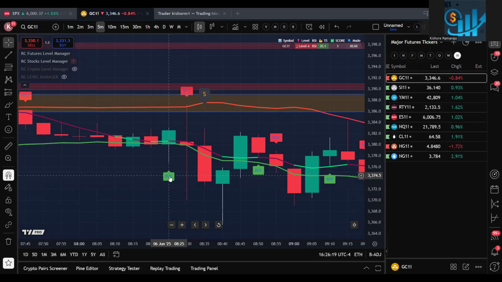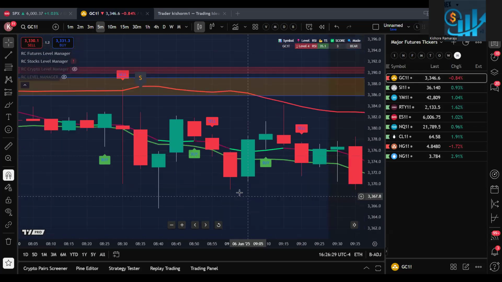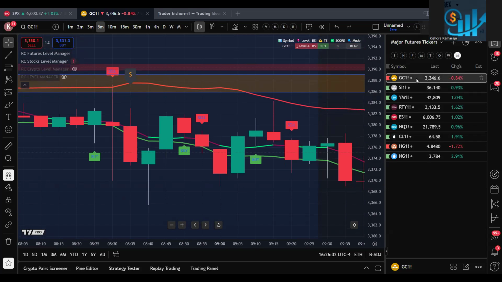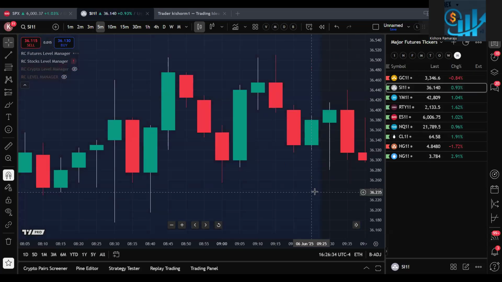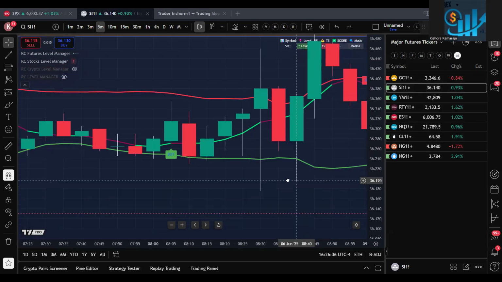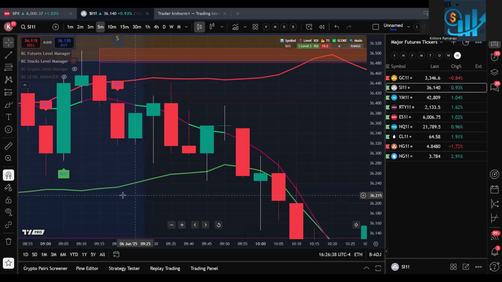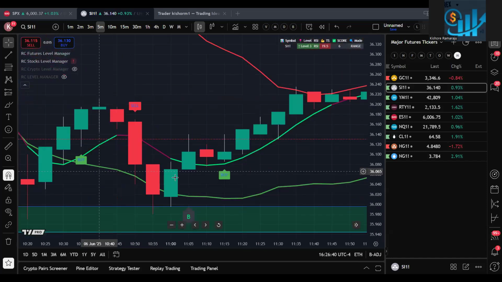If these are sell, these are buy or scalping. So if you get a sell on copper or gold, you can confidently take the trade and hold it for 1 hour, 40 minutes, 50 minutes, and make some nice profits. In the same way, on silver, if you get a swing buy, then you can take the trade, you can hold for 40 minutes, 1 hour, 2 hours, like that.